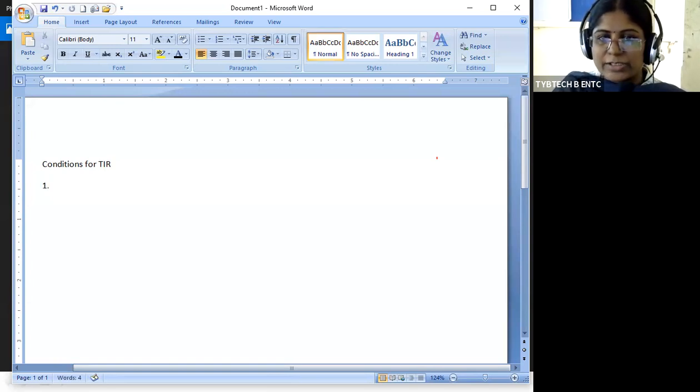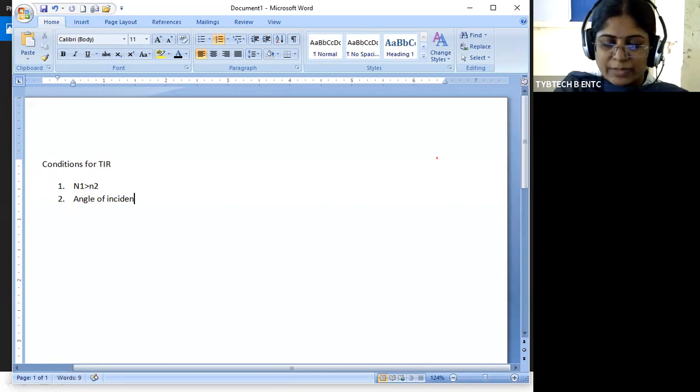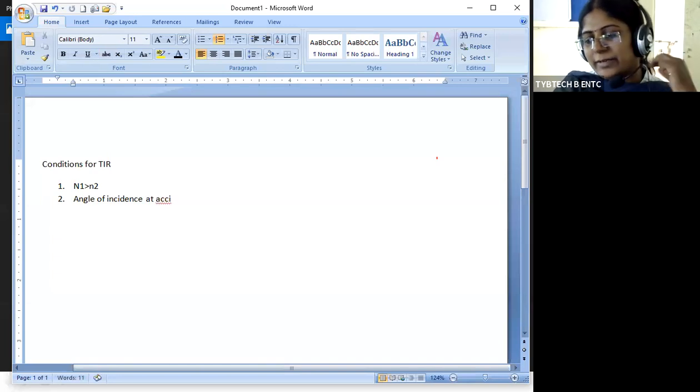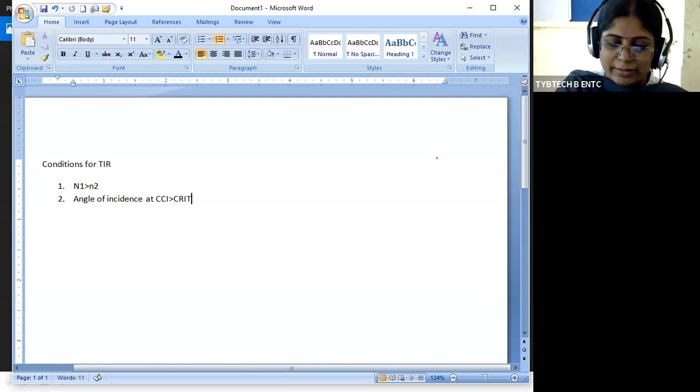So the first condition is N1 should be greater than N2, and the second condition is the angle of incidence at the core cladding interface should be greater than which angle? Critical angle.